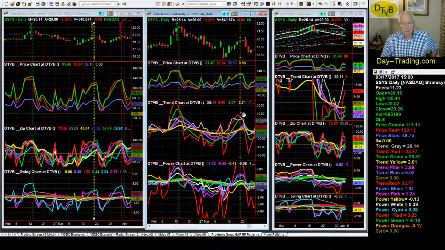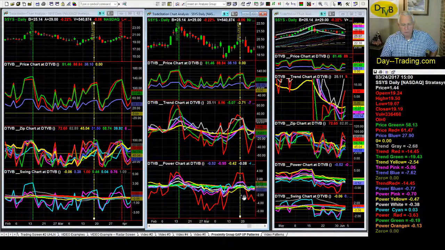Typically, like right now, yellow is still lowest on this line here. It looks like green is, but just by a hair. The power yellow is the lowest at minus 0.13, and the green is at 0.10, and the orange is at 0.12. So it's just barely the lowest.